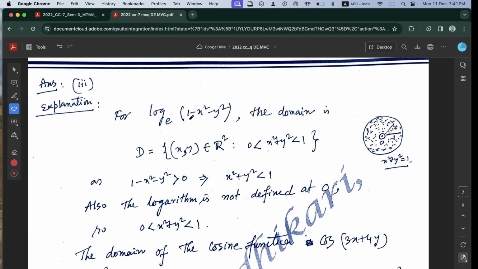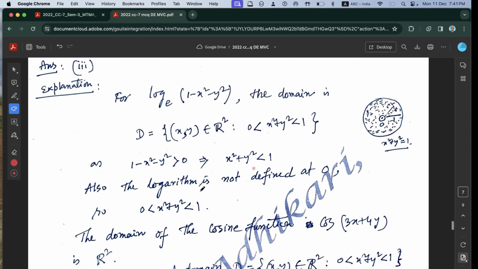As for this log function, 1 minus x square minus y square greater than 0, so obviously x square plus y square is less than 1. This log function is defined when 1 minus x square minus y square is greater than 0. Also, logarithm is not defined at 0.